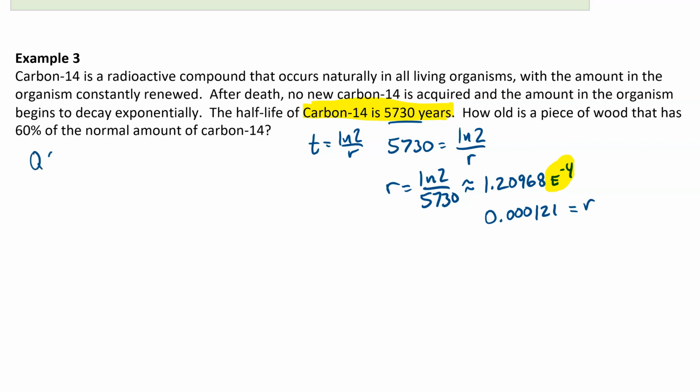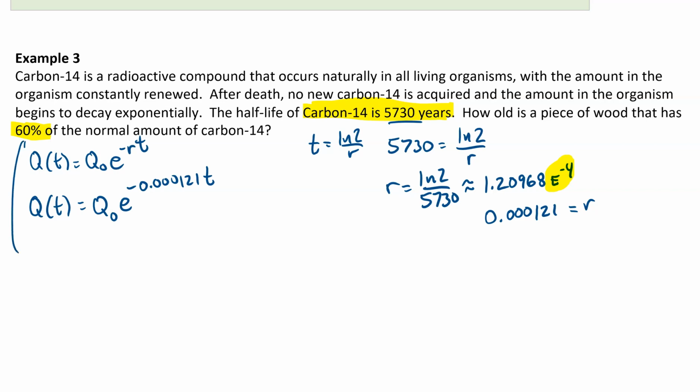Again, in general, Q of t equals Q sub naught e to the negative RT, and we just found a value for R. We don't have a value for Q sub naught. We're not given that in this problem, but we actually don't need it because what we know is that the wood has 60% of the normal amount of carbon, and so that's relative to what's usually there.